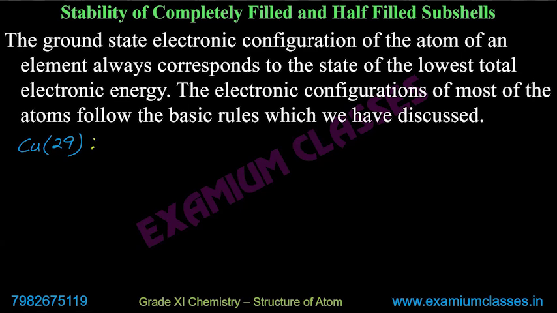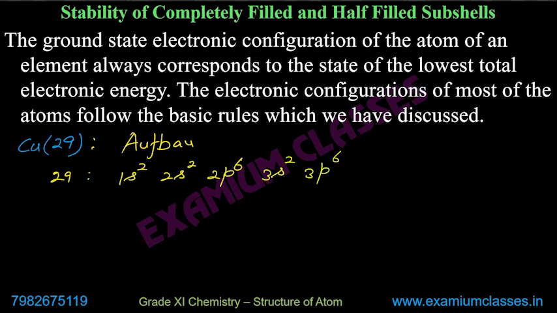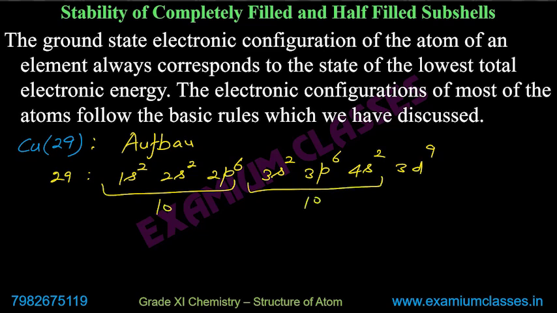And as per the above principle, it will be 1s2, 2s2, 2p6, 3s2, 3p6, 4s2, 3d9. First 3, 10. Next 3, 10. This is a good way to remember, to count. Okay? First 3, 10. Next 3, 10. And then here you have 9, means total 29.